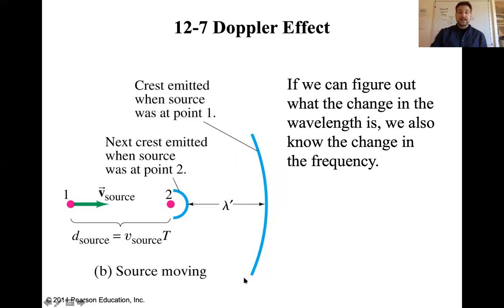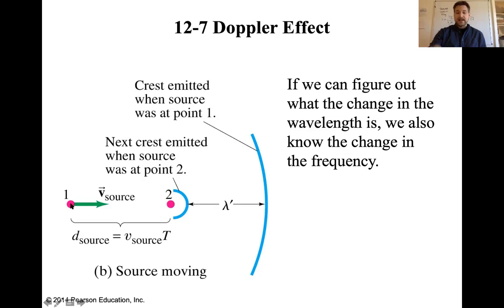In that amount of time, the source has moved from point 1 to point 2 when the next crest is about to be emitted. So the apparent wavelength, the distance between one crest and the next one, is way shorter than it would have been. It would have been all the way from this crest back to point 1.